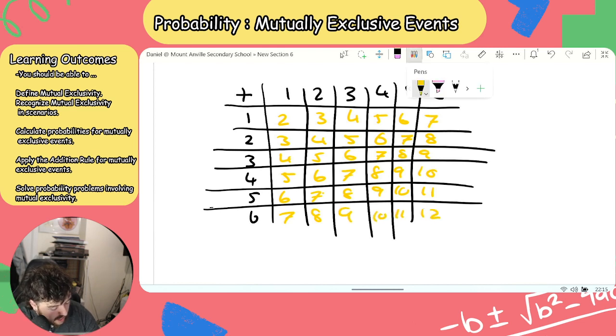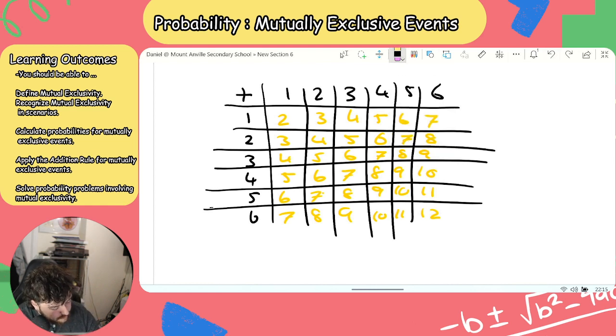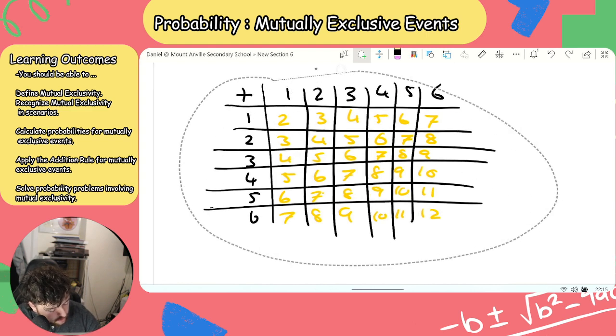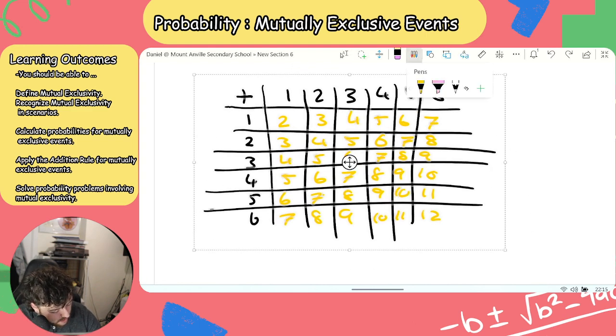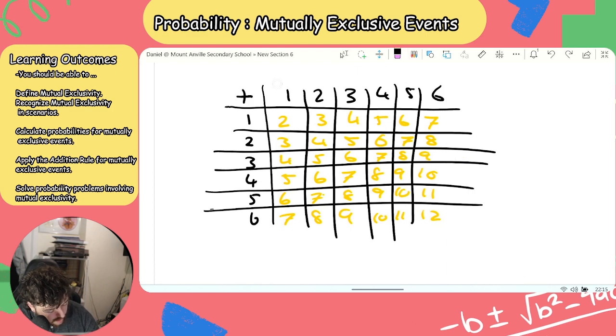So let's highlight now. How many of them sum to 6? I can't really see that, can you? Let me change it all to black.